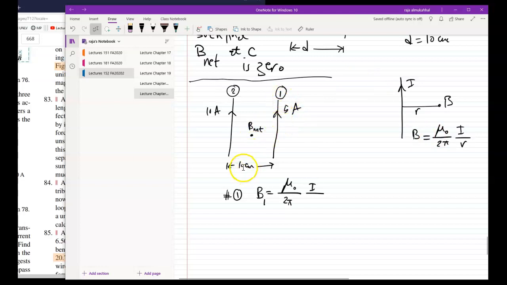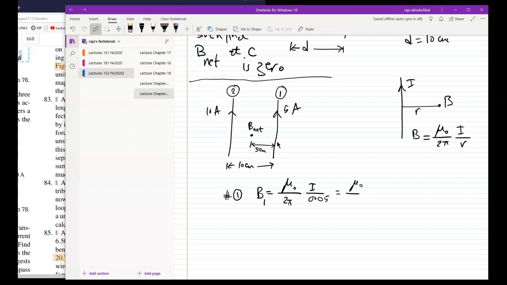It's 5 centimeters. Remember, this is 10 centimeters. That makes it 5 centimeters, right? So that will be 0.05. And that's B1.